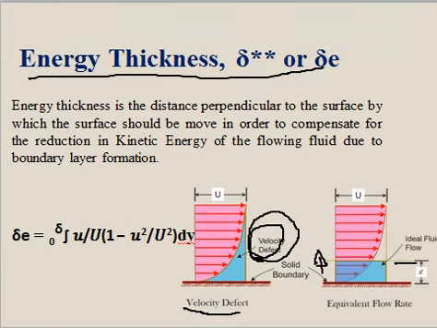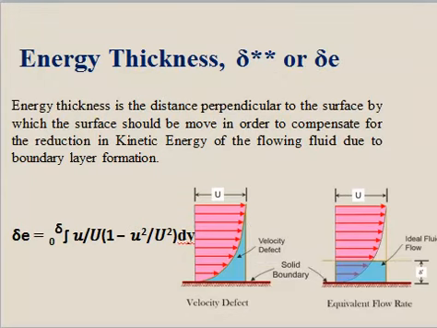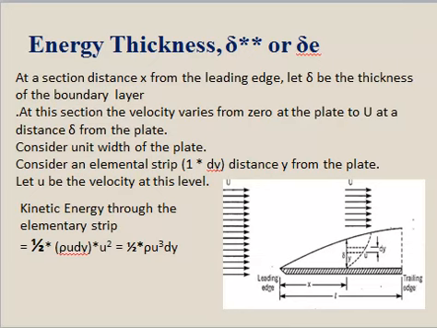So quickly we will see the derivation of energy thickness. Again we are having the same case. Consider a free stream of fluid moving with a velocity capital U. It came across a fixed plate. So there will be a formation of boundary layer, and we will consider any elementary strip at a distance x from the leading edge, and let its nominal thickness be del.